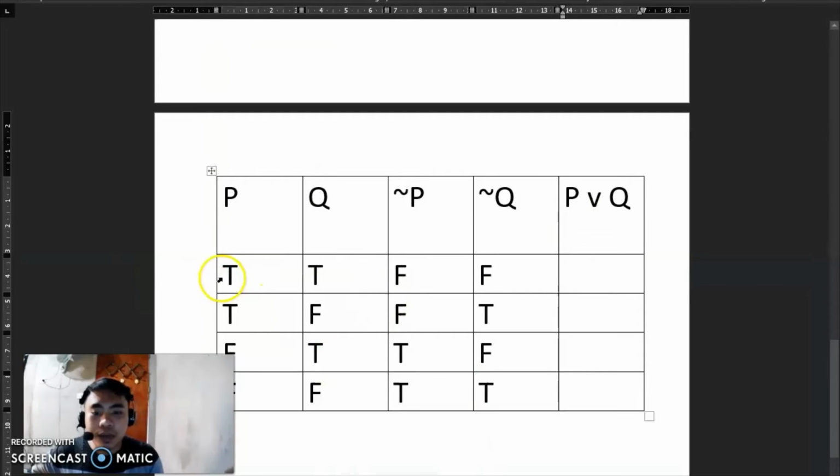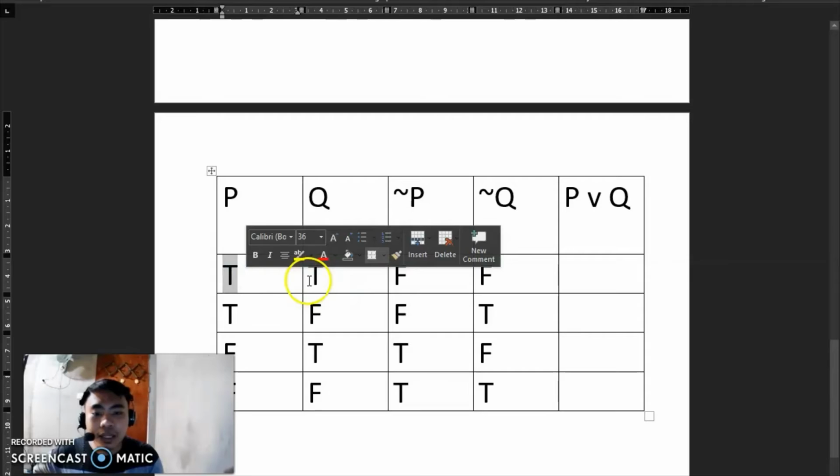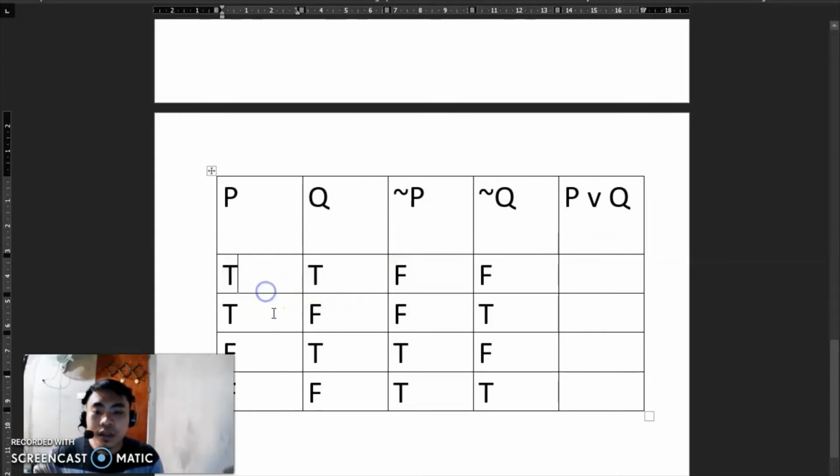Okay. So, balikan natin tong element ni P at element ni Q. So, this one, true, true. So, ang sagot po dito ay true. Next, we have true, false. Ang magiging sagot dito ay true. Next, false, true.